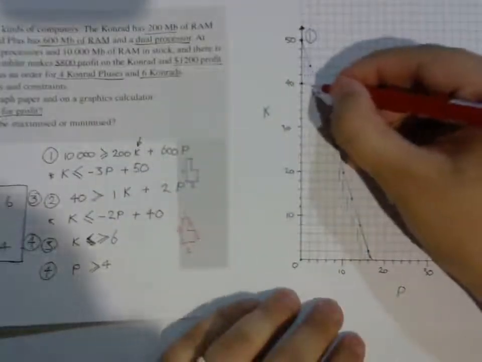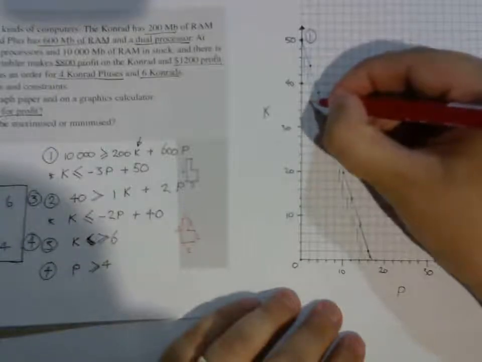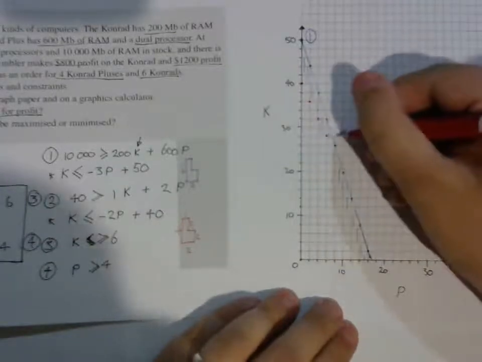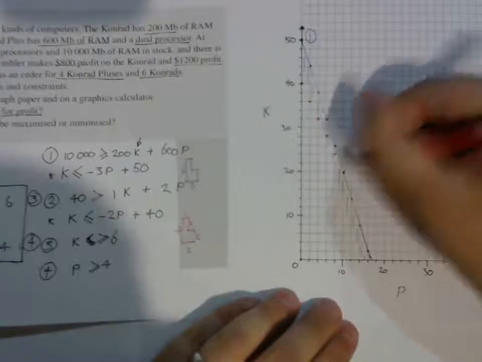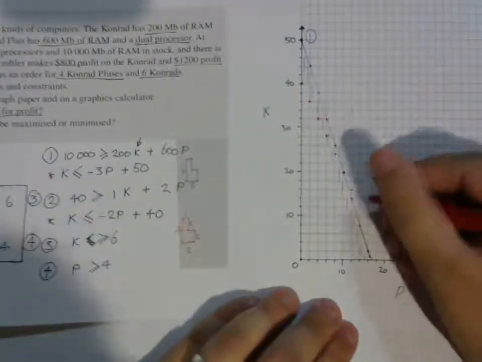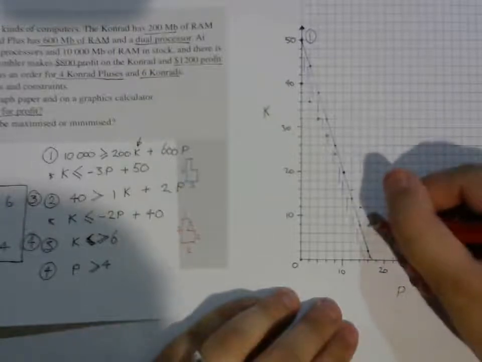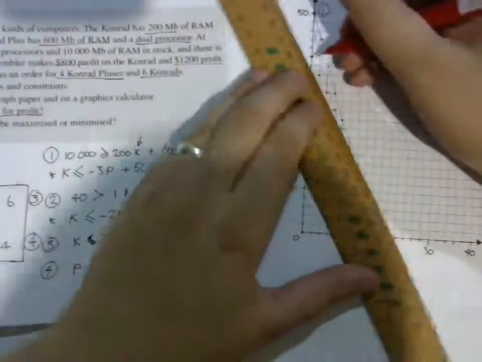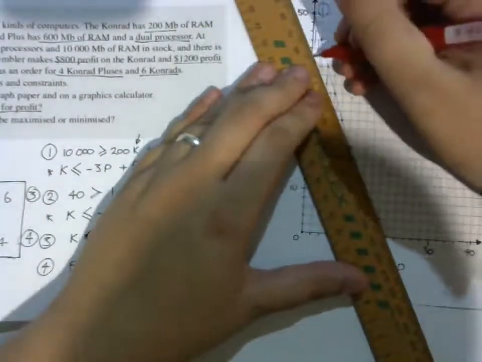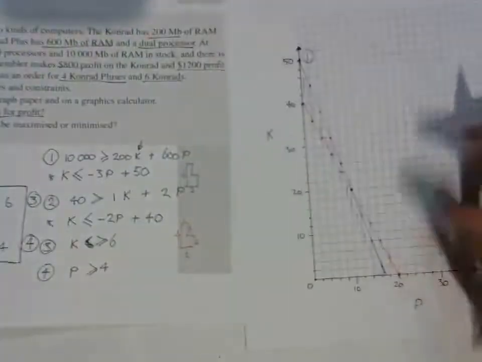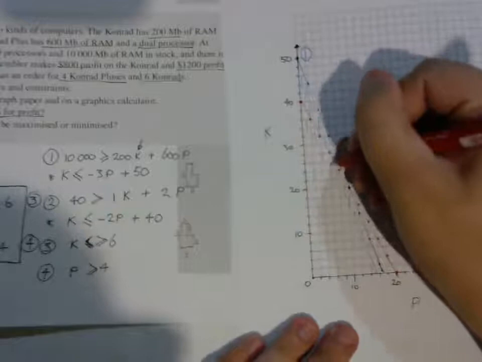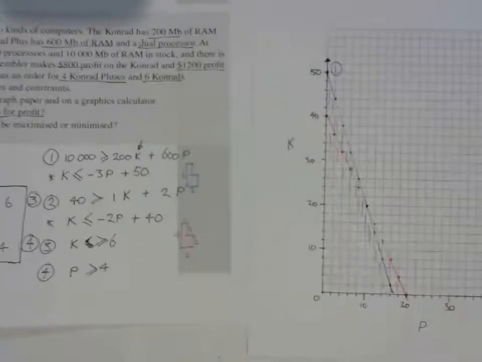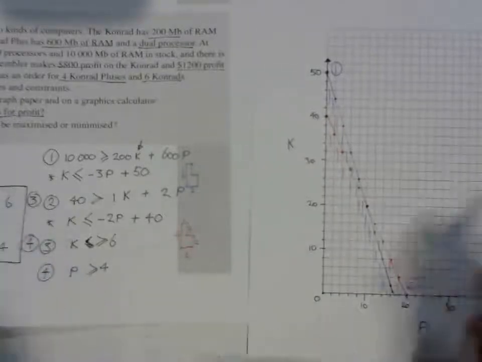Across 2 down 4, repeated, and again, you can really stop whenever you have enough points to draw all of your lines. Line them up, rule, and we're shading below this line. It starts getting very busy here. And that was inequality number 2.